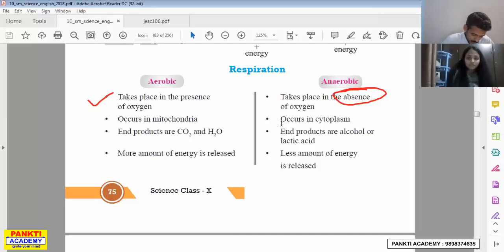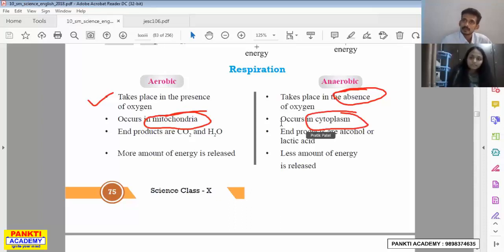Aerobic occurs in mitochondria. Anaerobic occurs in cytoplasm. Both begin with pyruvate.